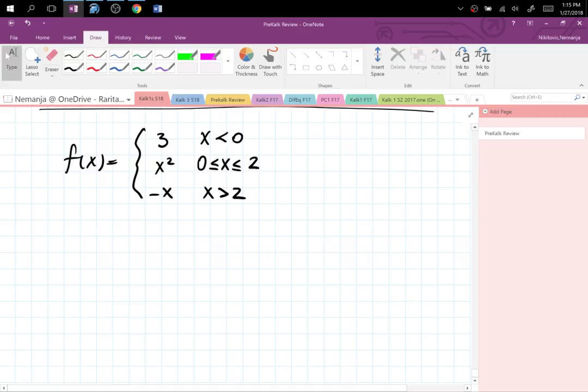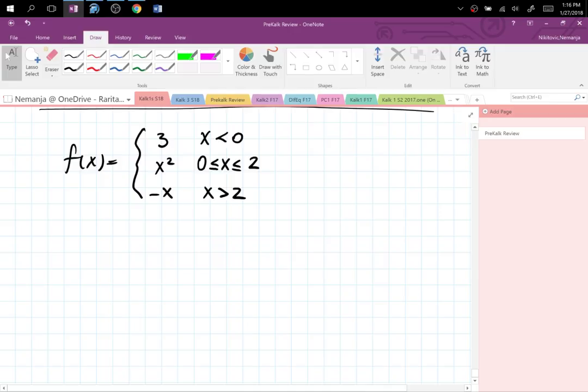So this is what the piecewise function would look like. It's called piecewise because clearly you see 3 pieces. Those 3 pieces are partitioned through the domain, and each piece lives in its own domain.